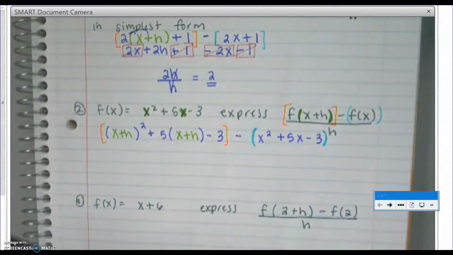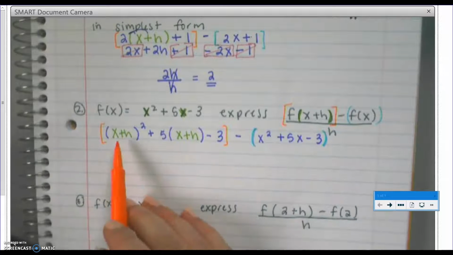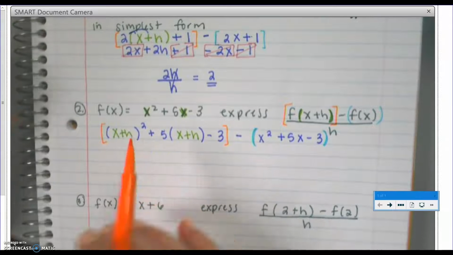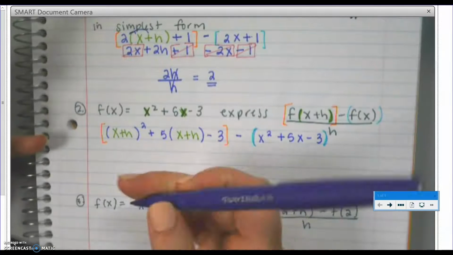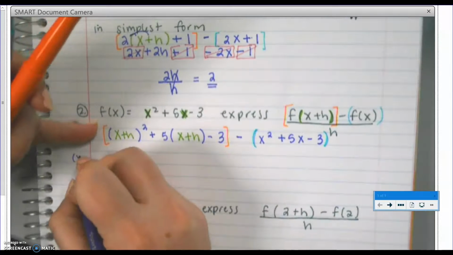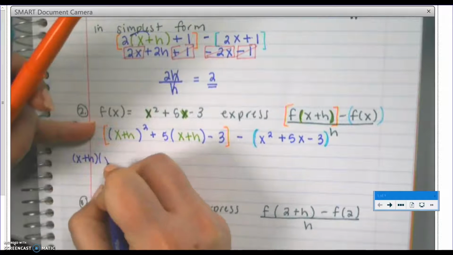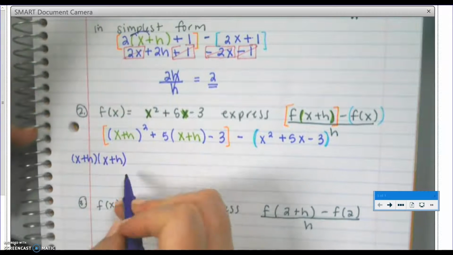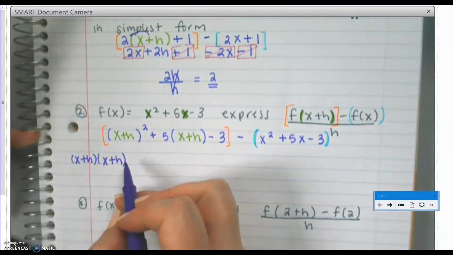All right, so when you're squaring, you have to make sure that you use FOIL or the box method to multiply it out. You do not ever distribute exponents when you have more than one term inside of the parentheses. So x plus h squared is x plus h times x plus h. I'm doing this off to the side because I don't have a whole lot of room.